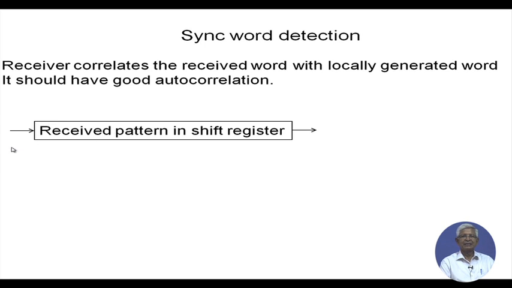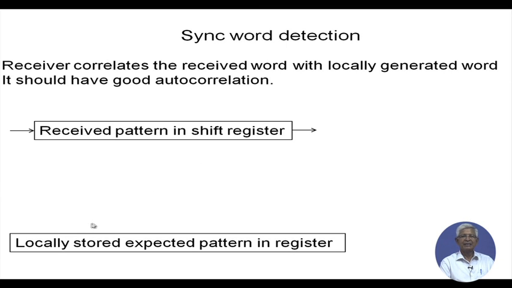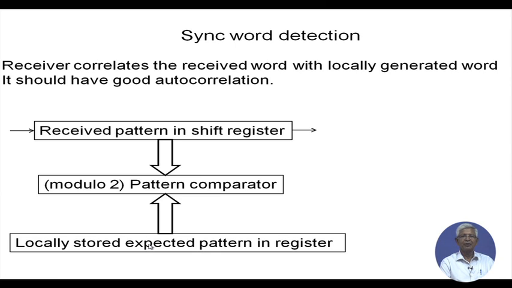Let us say there is a shift register in which the received pattern is getting shifted bit by bit, and there is a locally generated stored pattern, which is the expected pattern, stored in a register. Now, these two are compared in a modulo 2 comparison.